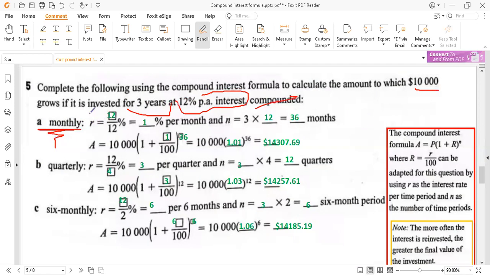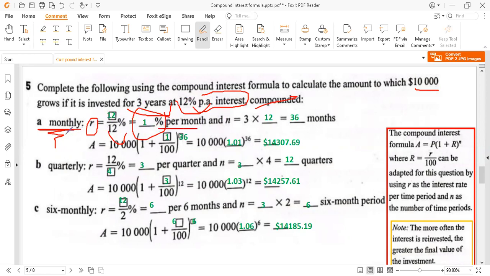If the small r per annum equals 12%, then per month it is 12 divided by 12, so 1%.